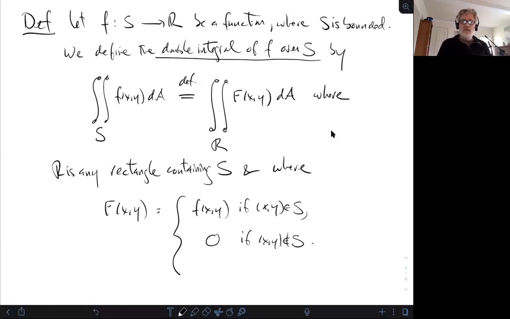Okay? So I'm going to draw a picture of what this might look like. Okay, so it looks something like this. So I'm going to, again, assume my function is positive so it's easier to see.